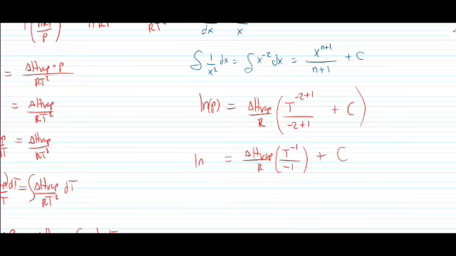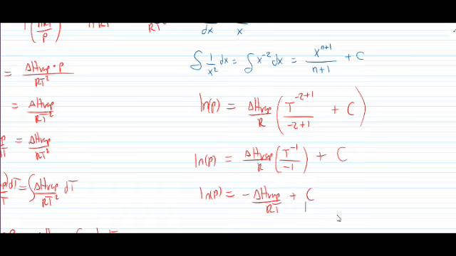That gives us natural log of P is equal to negative delta H of vaporization over RT, plus a constant.